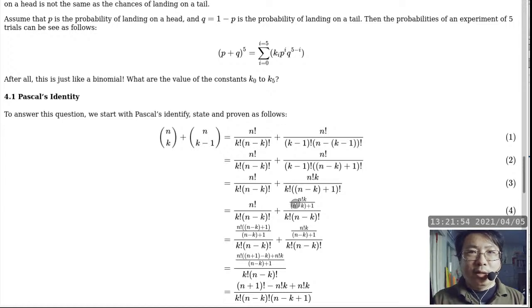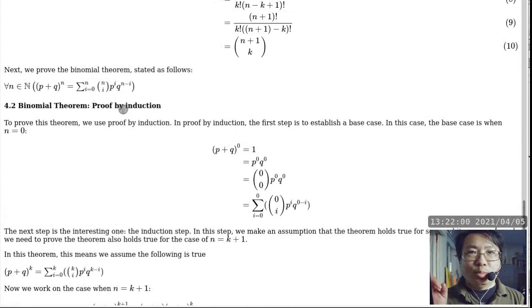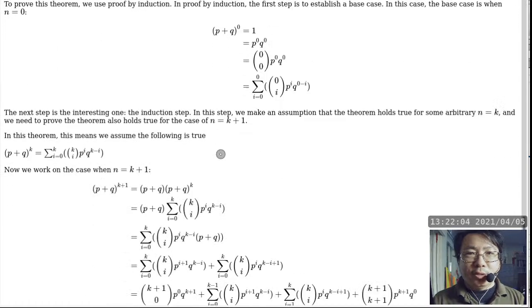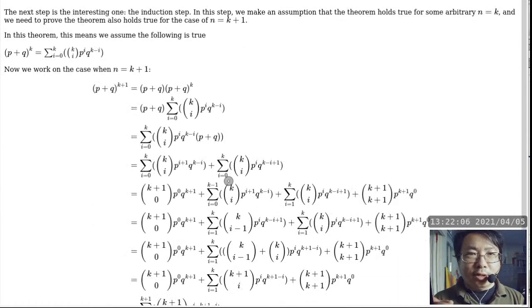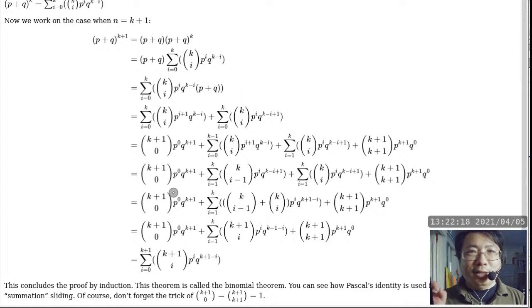Okay, we have some theorem proving here, and then we start to talk about proof by induction, and then we start to look at things that are even uglier, like this. Okay, and then we talk about binomial distribution. Then we go like, okay, fine. How does any of this have anything to do with computer science, right?